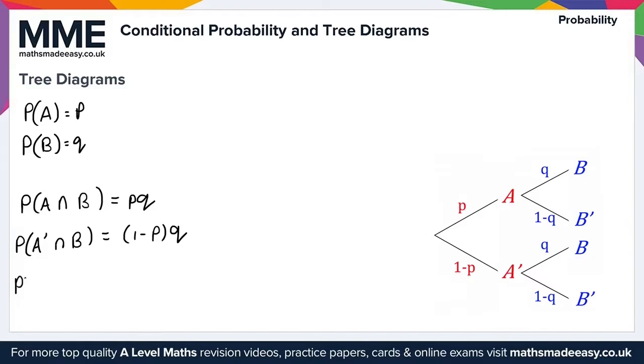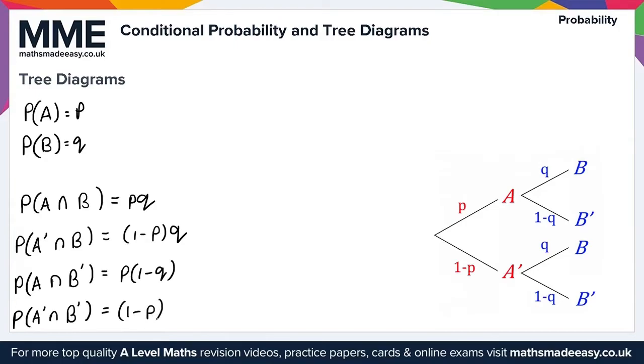If we had the probability of A intersection B complement, this would be equal to P times by 1 minus Q. And finally then, if we had the probability of A complement intersection B complement, well, this would be equal to 1 minus P times 1 minus Q. And we can see that here from these two branches, 1 minus P times 1 minus Q there.